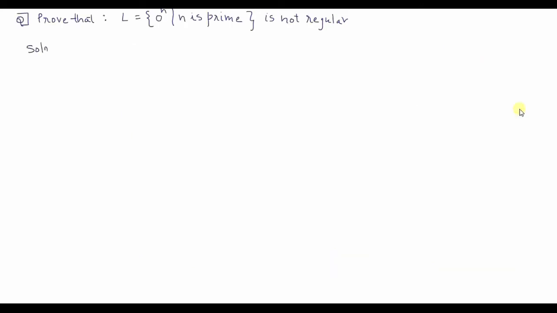Okay, now when we talk about prime numbers, which are the prime numbers? In this example, n is given as prime. A prime number is what?